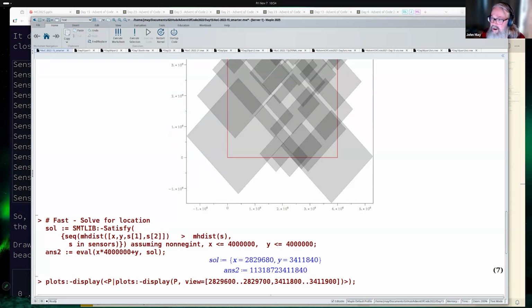Satisfy gives you a witness point. So in this case, I know from the problem description that there's one solution. So satisfy is going to find me one solution, and that's great because I know there's only one. That's part of why we don't have this in iSolve: users of iSolve expect to get all the solutions, whereas satisfy only gives you one.